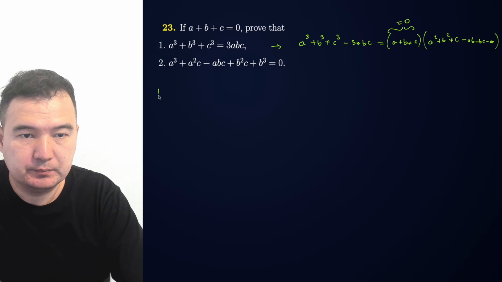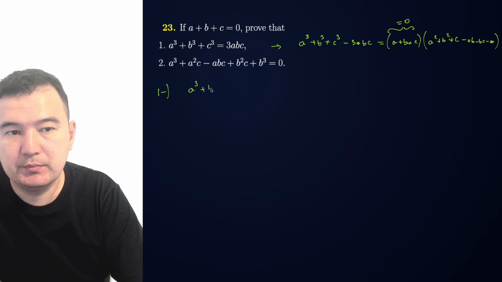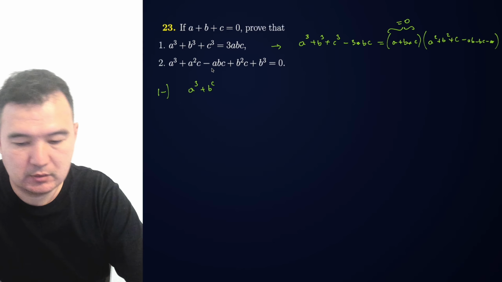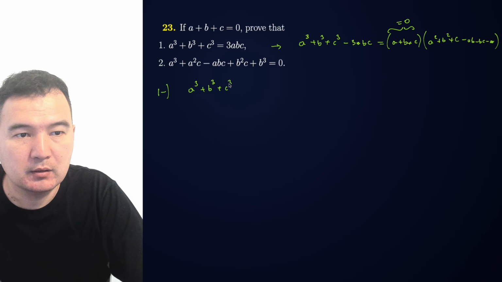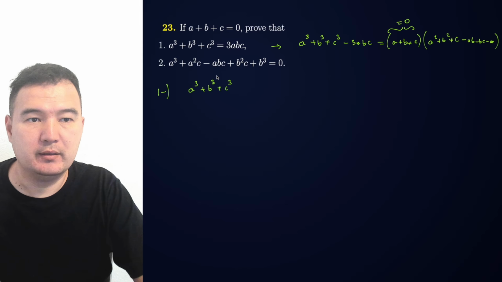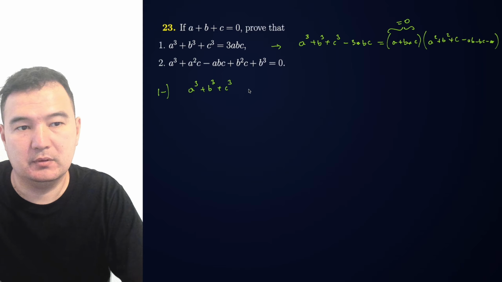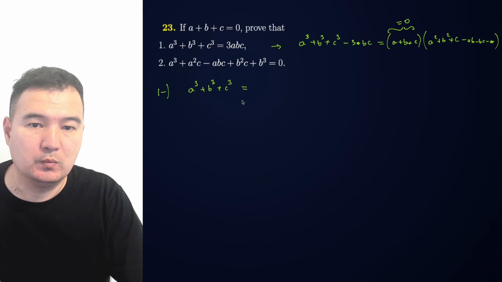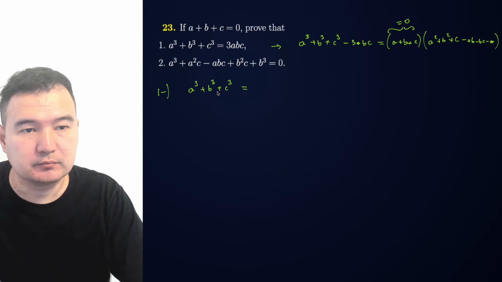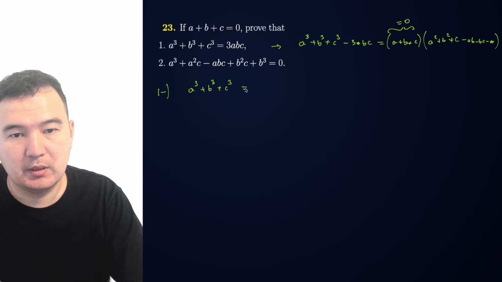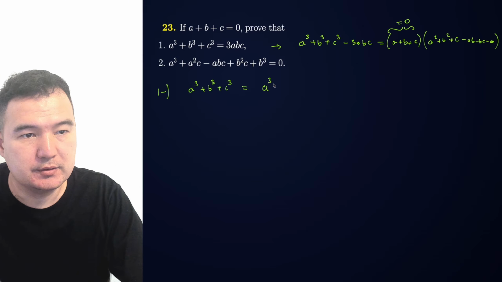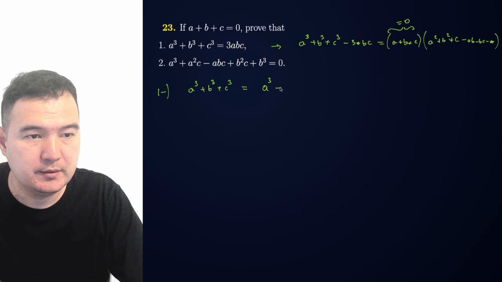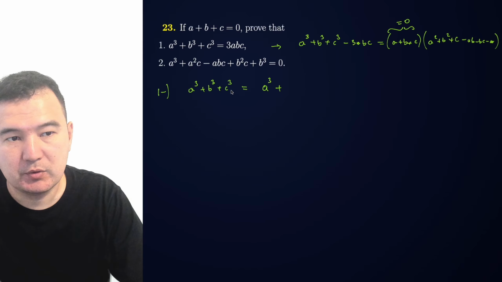So the first one. Let's try to simplify a cube plus b cube plus c cube, and try to see if we can get something like 3abc. What's the approach? We can start with a cube, and use the sum of cubes formula.